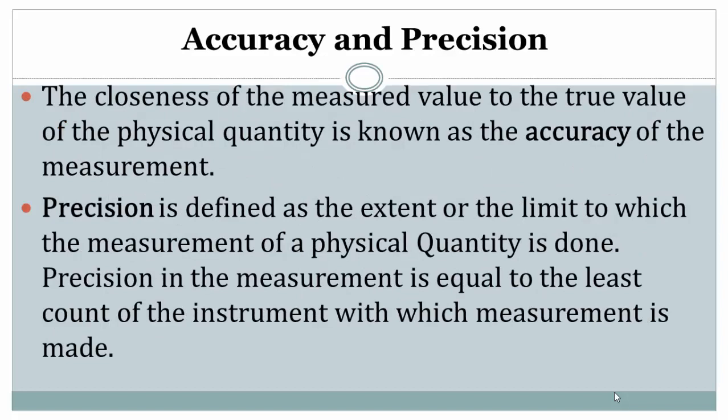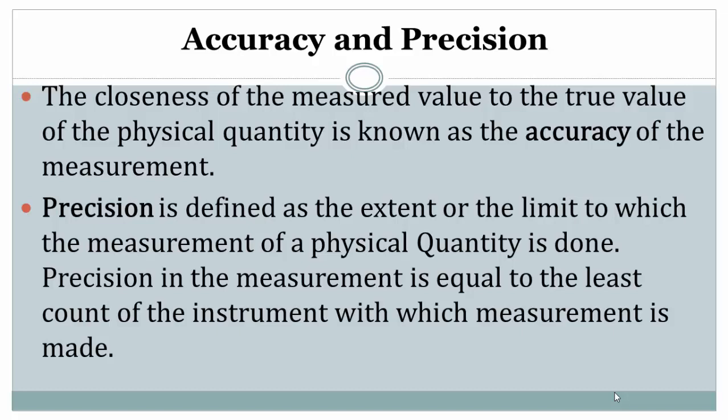Accuracy and precision. The most important concepts of this chapter are accuracy and precision. So what is accuracy? Before that, we must know what are true value and measured value. True value is nothing but the actual value of a physical quantity.